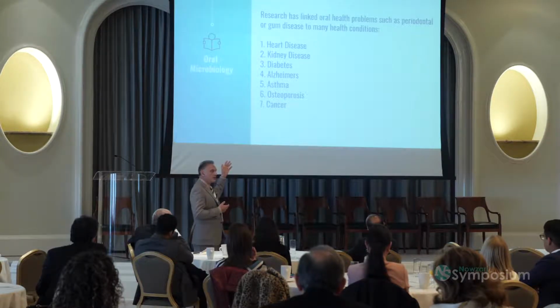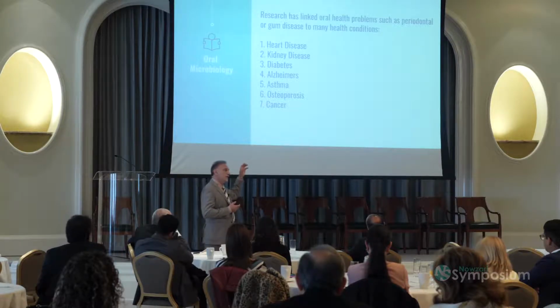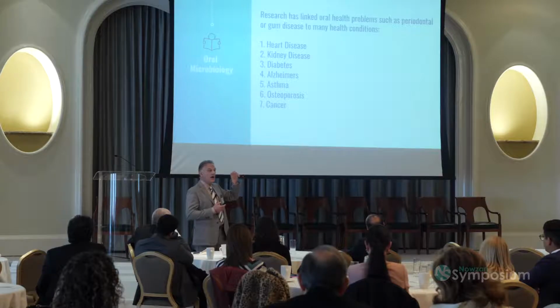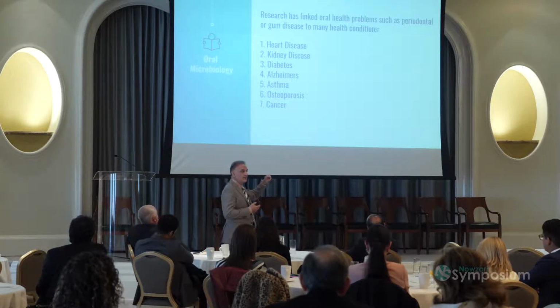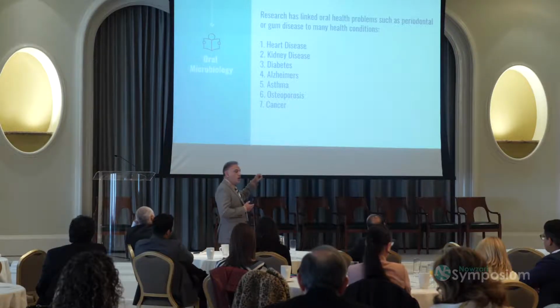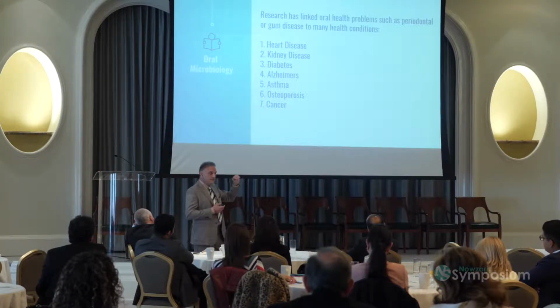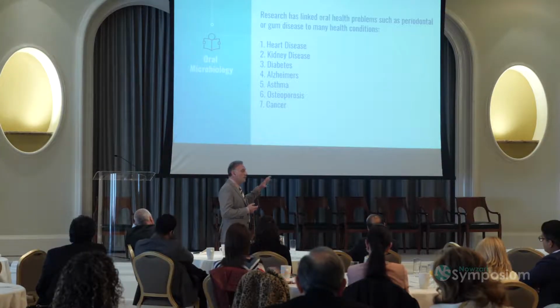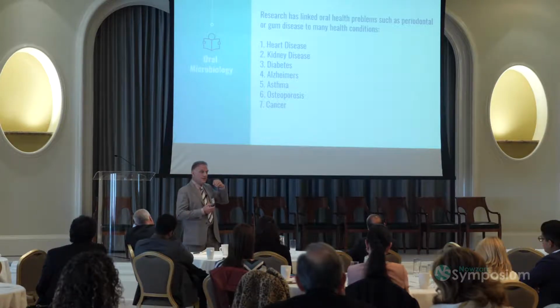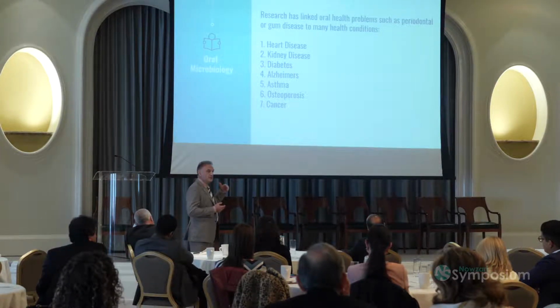There was a recent article with regards to a bacteria that causes gum disease, which is called P. gingivalis, and the high levels of P. gingivalis in the brains of people that have Alzheimer's. Are these all conclusive? I'm not telling you that it is all conclusive, but there is research that's showing certain linkages between these types of bacteria that are in the mouth and how it's impacting the rest of the body.